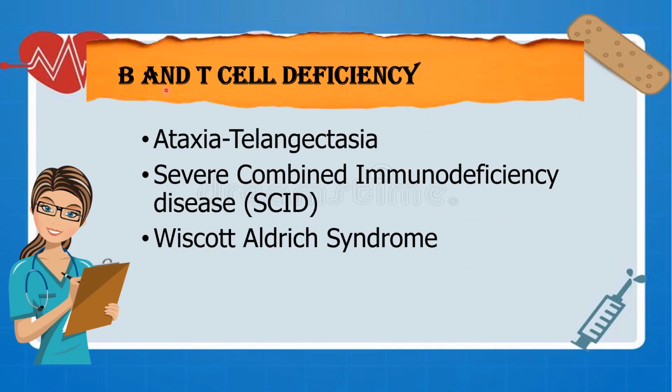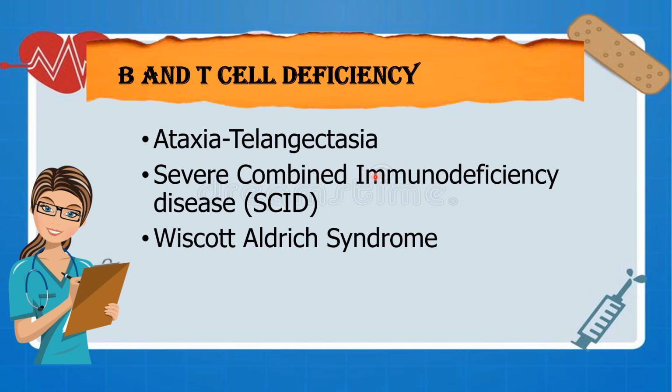Patients with both B and T cell deficiency may have ataxia telangiectasia. Again, as mentioned in the previous slide, with ataxia there would be loss of muscle coordination, so there would be a problem with the balance. Telangiectasia, there could be vascular lesions caused by dilated blood vessels with immune deficiency.